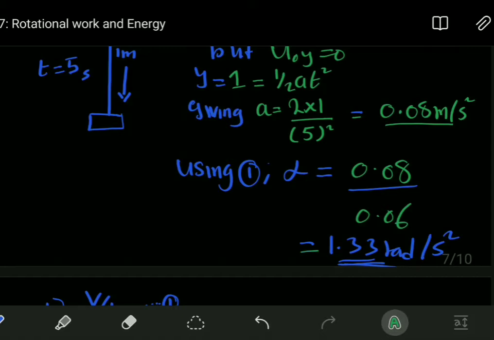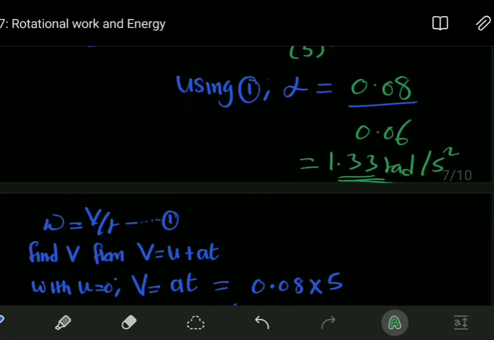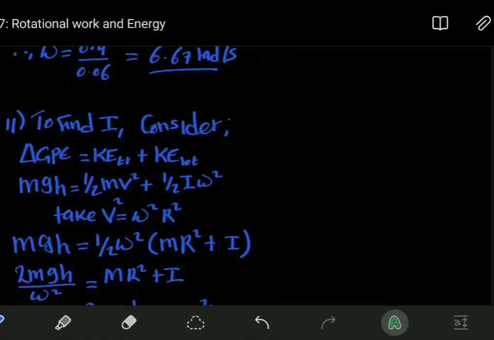Therefore, the angular acceleration of this wheel is 1.33 radians per second squared. Okay, so the second part, we are finding the moment of inertia of this wheel. To find the moment of inertia, we're going to use conservation of energy, which includes rotational kinetic energy.